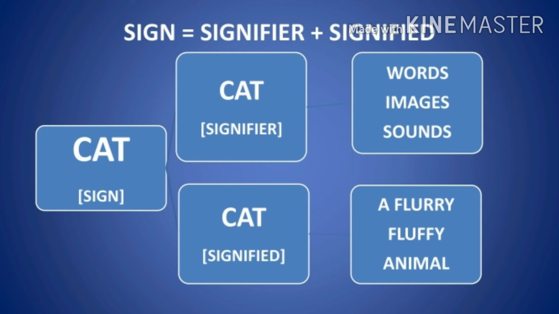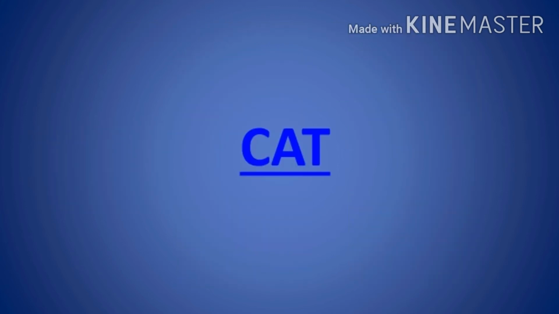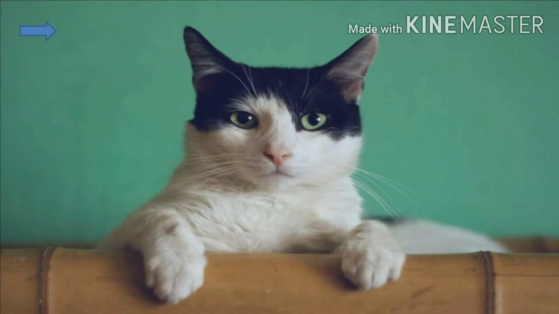So friends, now we know how the signifier and the signified create the sign. That is, when the sound image is associated with the concept, we get a sign. Okay. So moving ahead, when I say the word cat, what comes to your mind is this image of a cat, right?